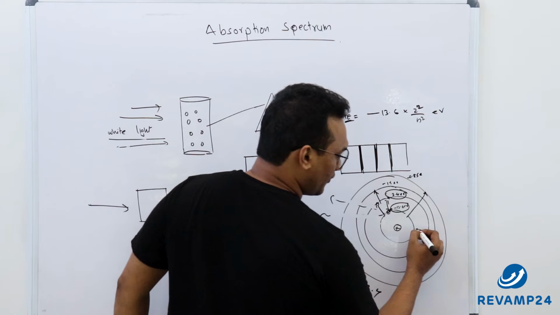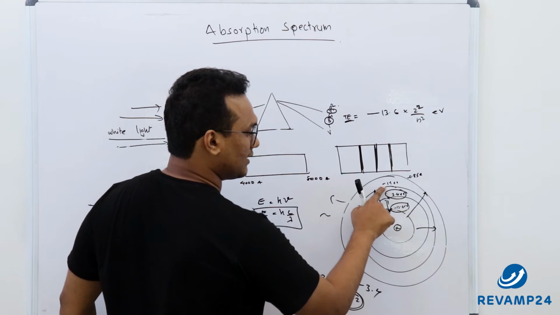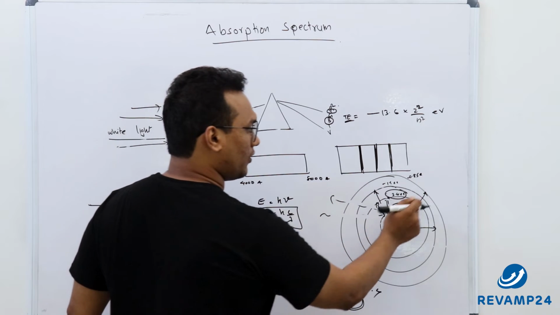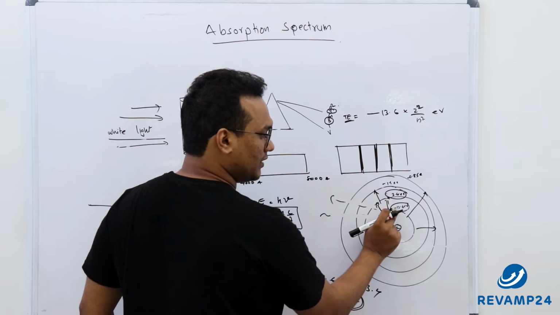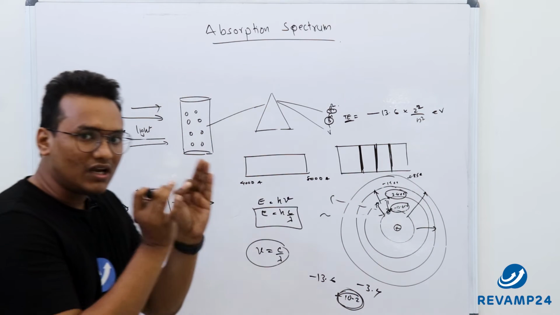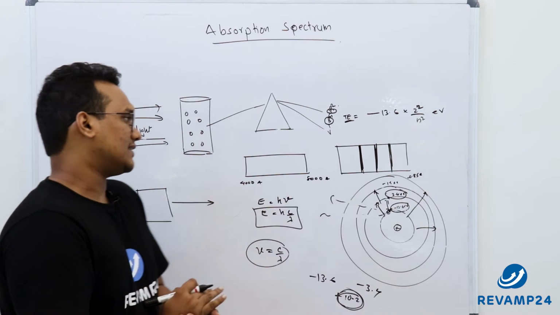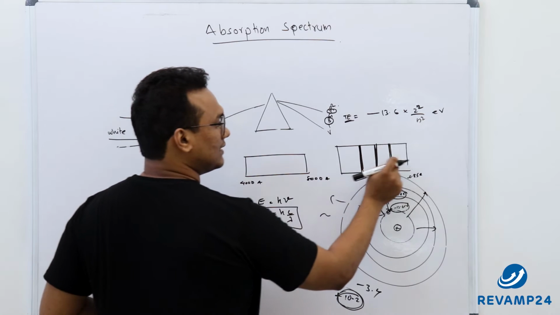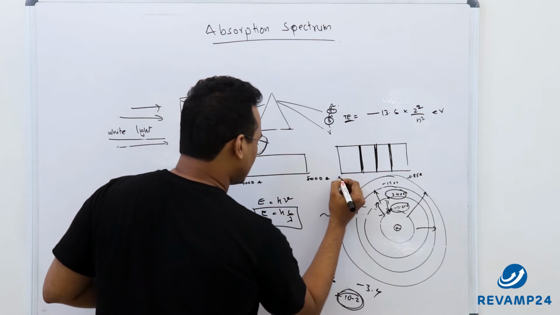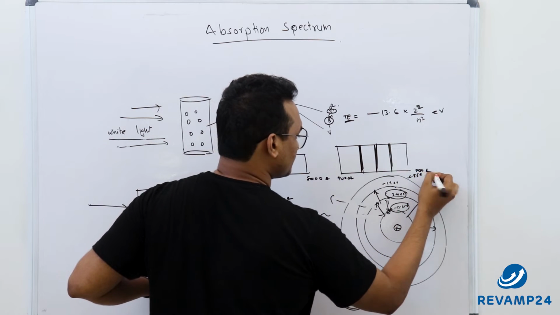Now, for the third orbit, you can see the difference between minus 13.6 and minus 1.5. For the fourth orbit, you can take the difference between minus 13.6 and minus 0.85. So only specific, discrete wavelengths will be missing. That is the reason for this kind of spectra. Now, let's say this is 4000 angstrom and 8000 angstrom.